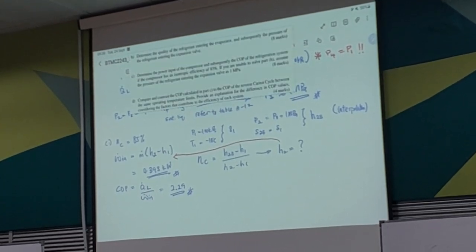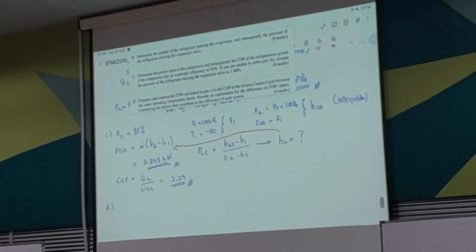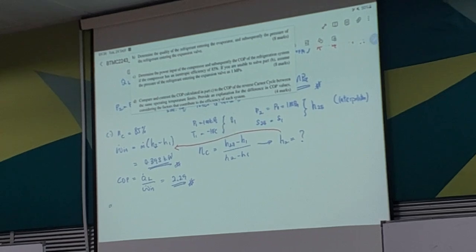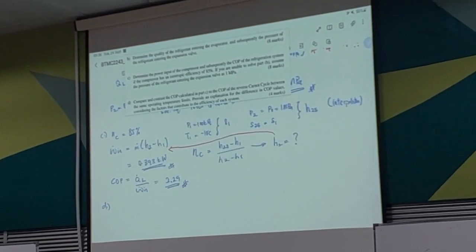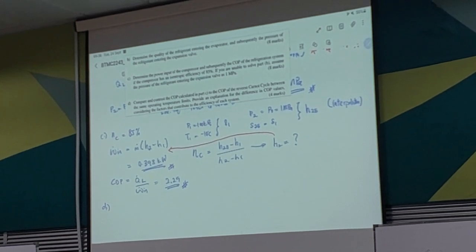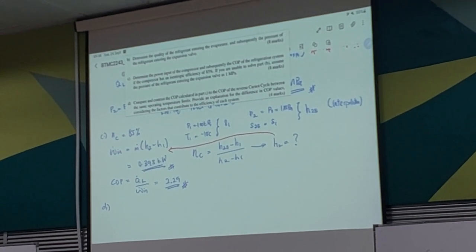Okay, so once you are done with C, let's just finish this up. So D is a bit of a more theory question also, but it does involve a bit of calculation. So compare and contrast the COP calculated in part C. So you want to compare the COP that you have just calculated to the COP of the reverse Carnot cycle between the same operating temperature limits.